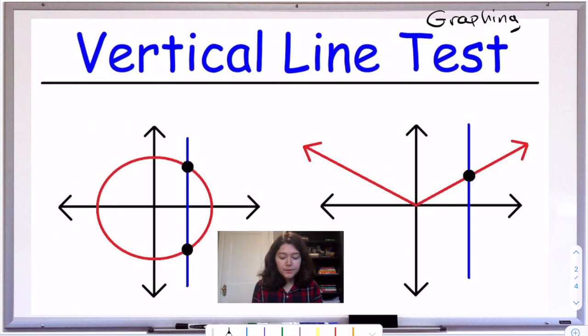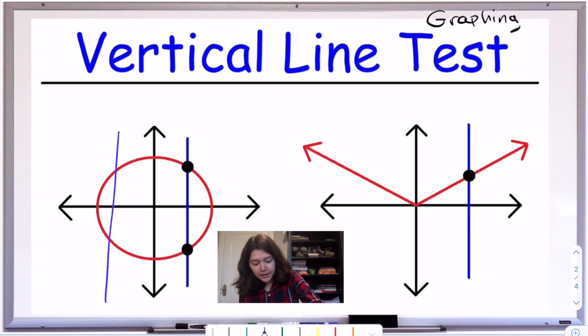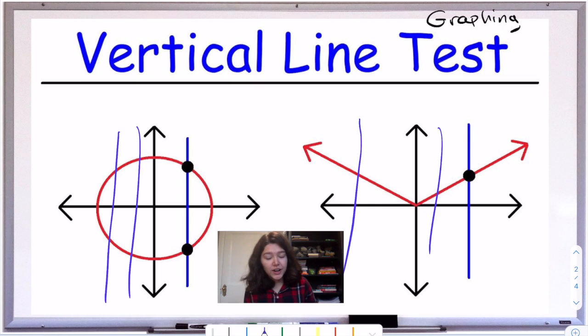When we're graphing, we can look at the graphs of relations and identify whether the graph represents a relation that's not a function or a function. The way that we do that quickly and easily is called the vertical line test. The vertical line test asks us to draw vertical lines, which go up and down, anywhere along the graph.